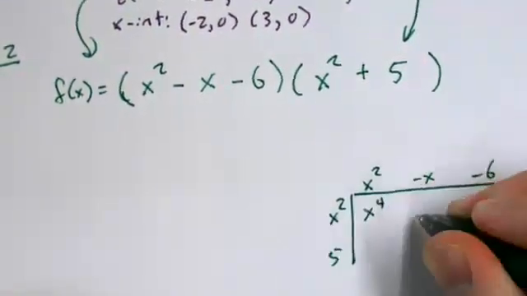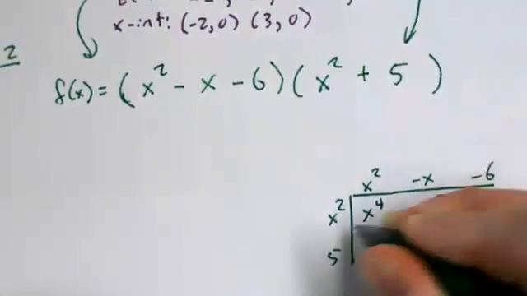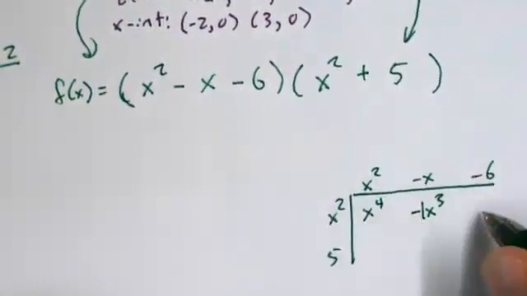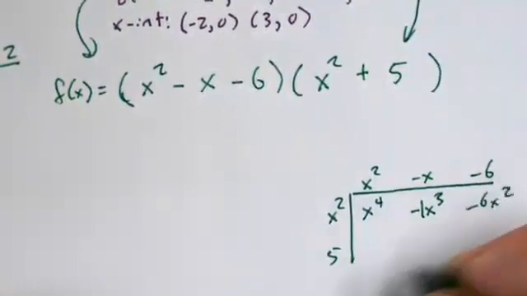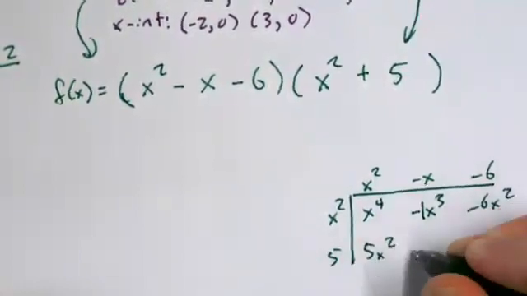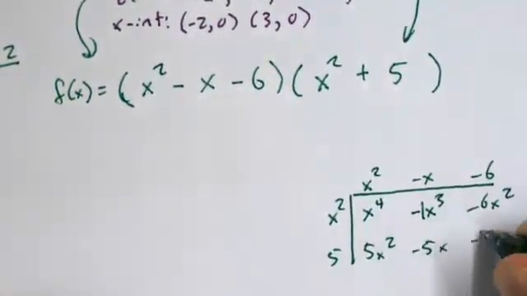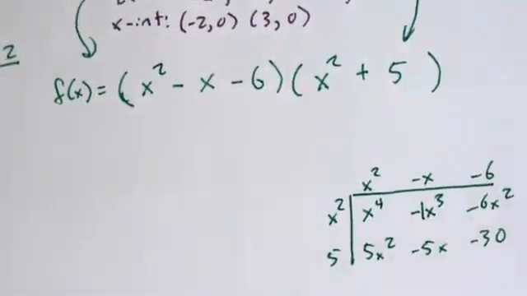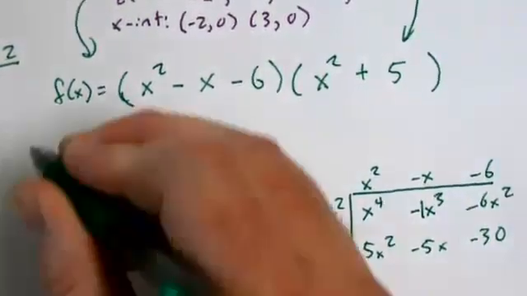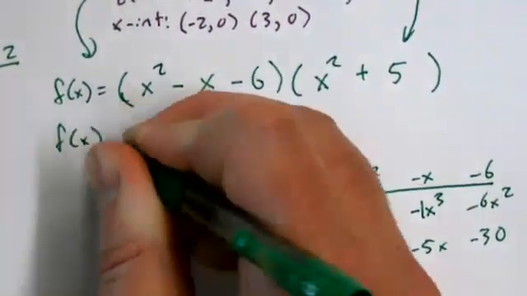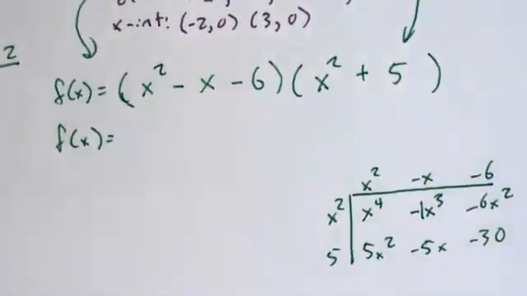X to the 4th, -x to the 3rd. I'll put a 1 there. -6x squared. Here I've got a 5x squared, a -5x, and a -30. I do have some like terms I can combine there, so I'll just go straight to my final answer here. And I'll underline as I use them.